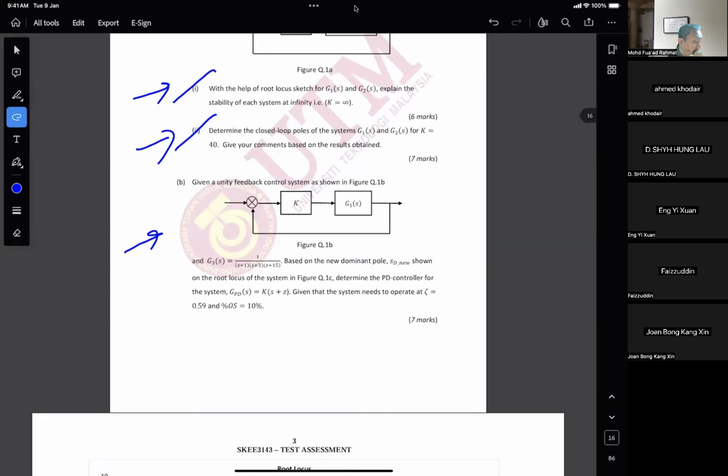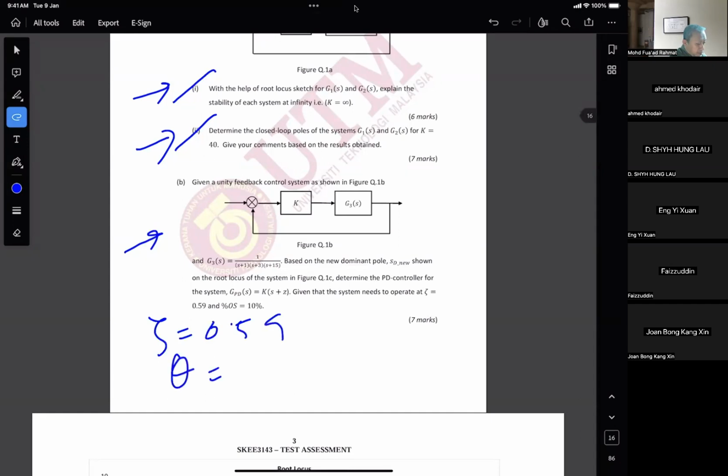G3 is given as (S plus 1)(S plus 3)(S plus 15), based on the new dominant pole, SD new, shown in the root locus system in figure Q1C. Determine the PD controller for the system. GPD is K(S plus Z), given the system needs to operate at 0.59.